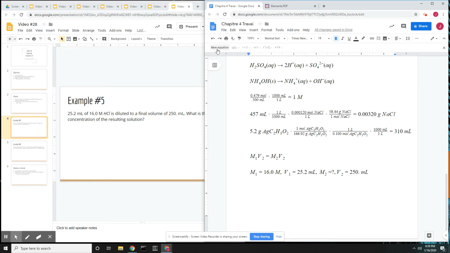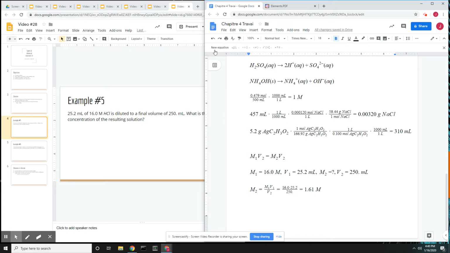It wouldn't be wrong if I did though, so if you prefer to, go ahead and do that. Everything in here has 3 sig figs, so I'm going to round to 3 sig figs. So I got 1.61 molar.